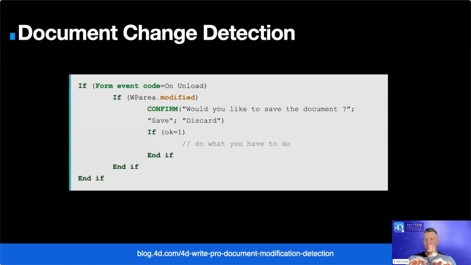So once someone modifies a document, it's always going to be modified until you, the developer, set it back to false. So this is actually a read-write property of the 4D Write Pro document. And unlike WK date modified, WK modified is volatile, meaning that it's not stored in the document.